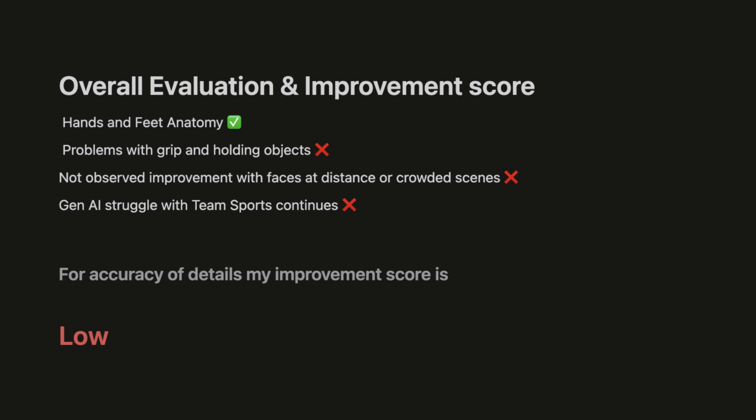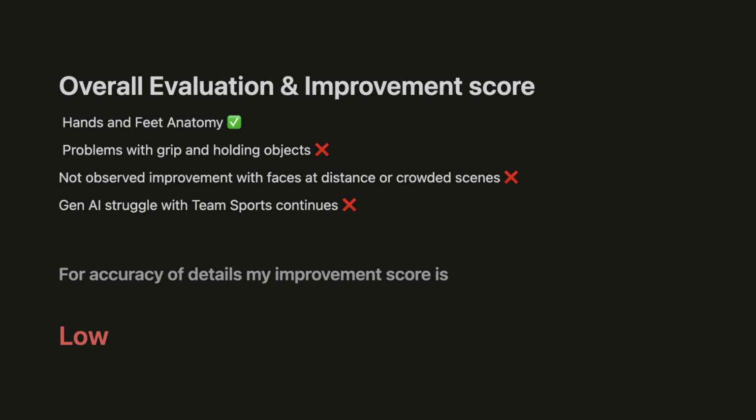So looking at overall results, I have not observed in version 6.1 a huge improvement when it comes to accuracy of details. There is definitely the depiction of hands, quite good, of course, but the relationship of hands in comparison to other objects, the grip, and the context and coherence still have room for improvement.